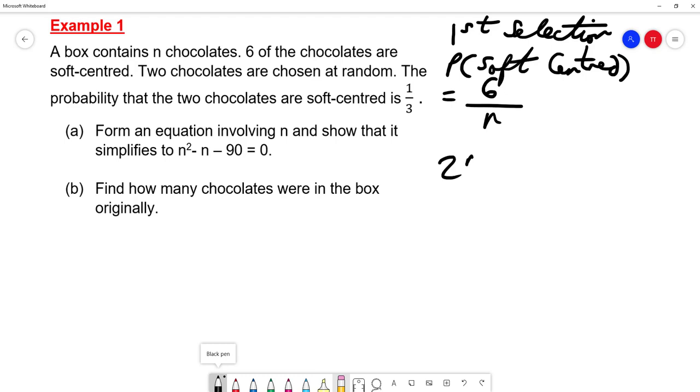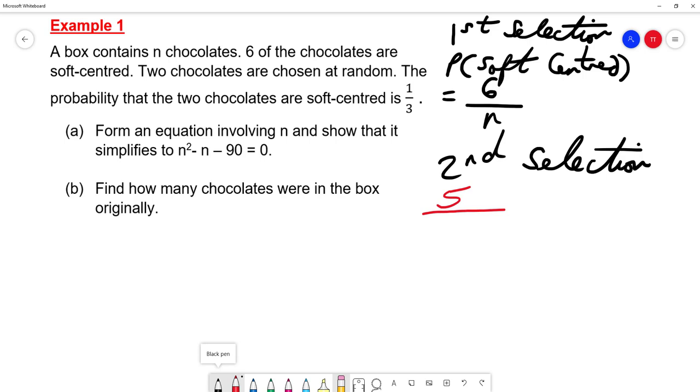But when it comes to the second selection, I've already chosen one of these soft-scented chocolates in my hand. So the number of items will go down by 1. So instead of 6 soft chocolates now, I've only got 5 soft-scented chocolates. But because I hold that soft-scented chocolate from the first selection in my hand, I don't have n anymore.